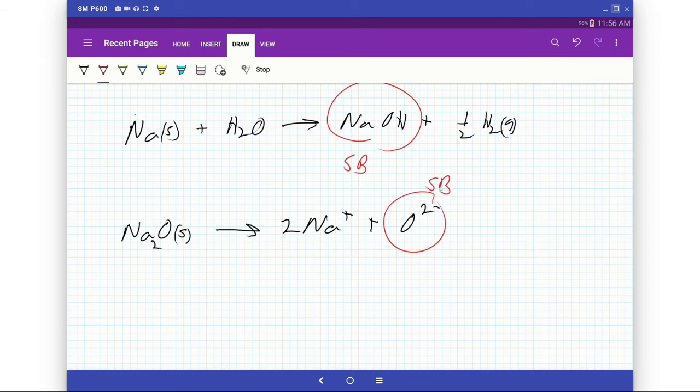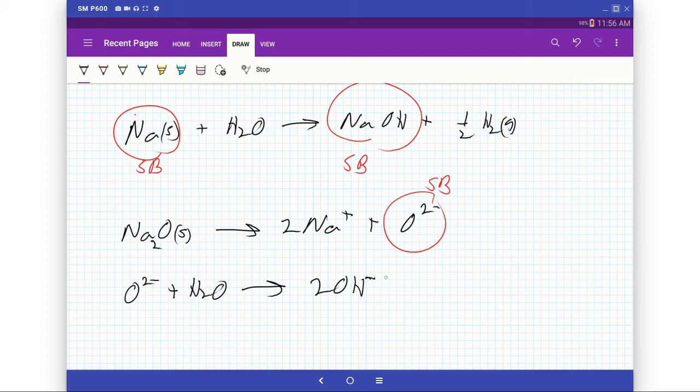As a matter of fact, both the sodium metal and the oxide ion are stronger bases than the solvent. They're stronger than water, which means that they are going to react with the solvent to produce the base of the solvent, and that is the leveling effect of strong acids and bases.